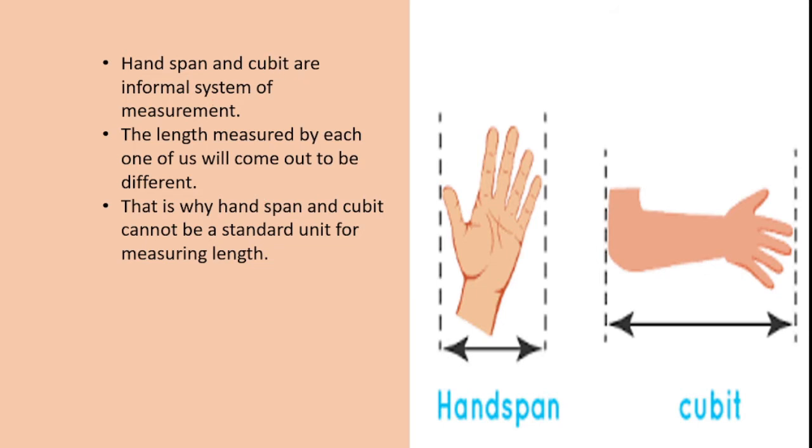Handspan and cubit are informal system of measurement. The length measured by each one of us will come out to be different. That is why handspan and cubit cannot be a standard unit for measuring length.